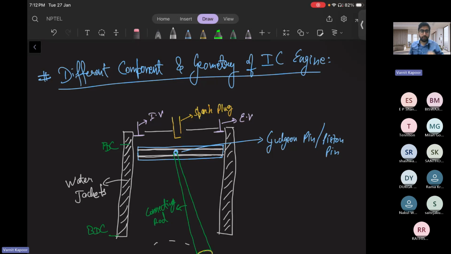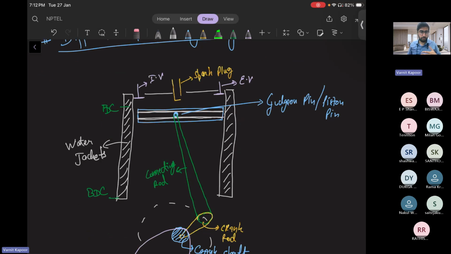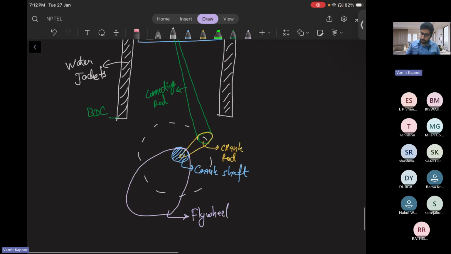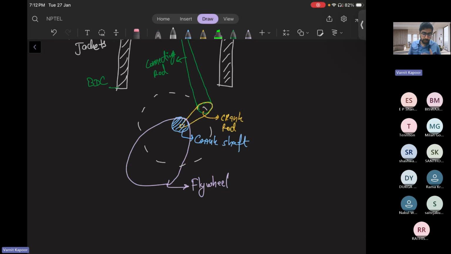You don't want your whole system to fail and melt out, because every material has some strength which it can sustain, but after that, it cannot. And this was your flywheel. It is nothing but where the inertia is stored.